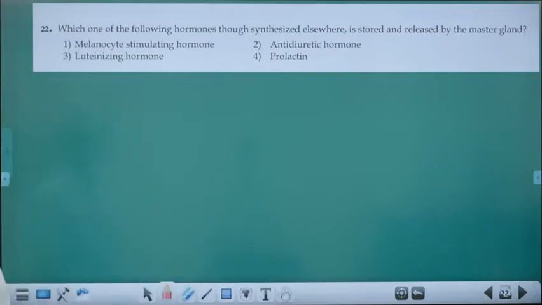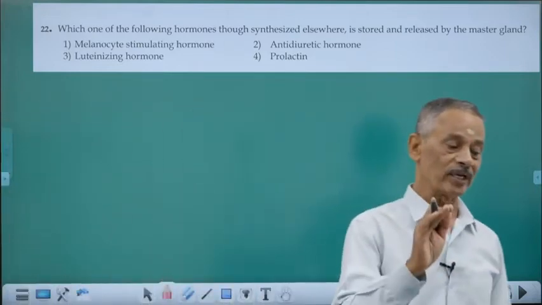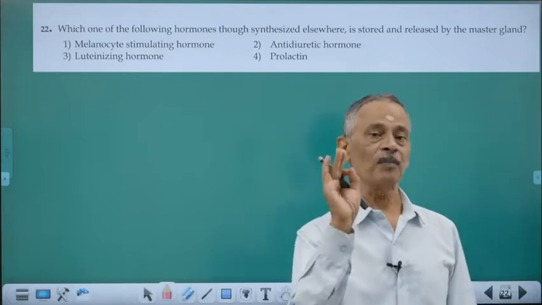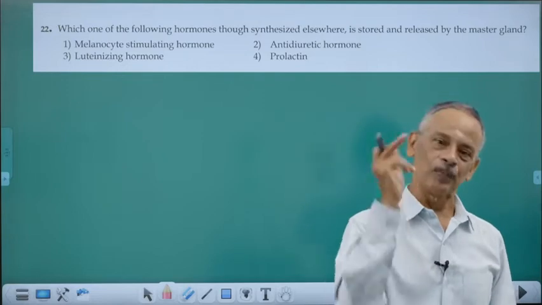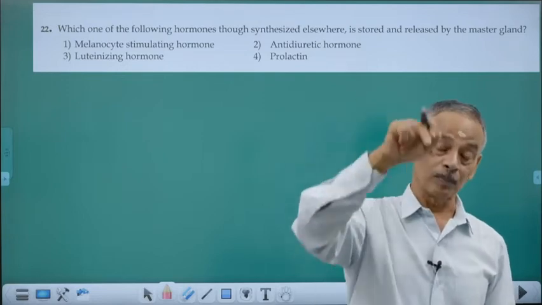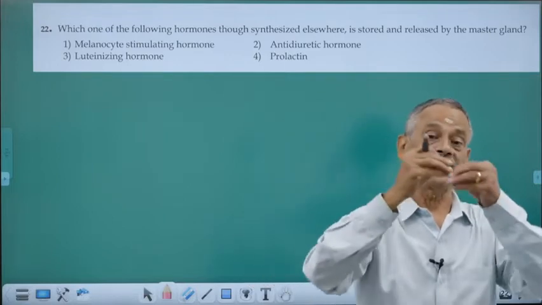Which one of the following hormones, whose synthesis is elsewhere, is stored and released by the master gland? Who is the master gland? Pituitary is the hypophysis. Pituitary is the master gland. Hypothalamus is the master of the master gland. It produces hormones and they are brought through their axon, stored in the posterior pituitary and released.